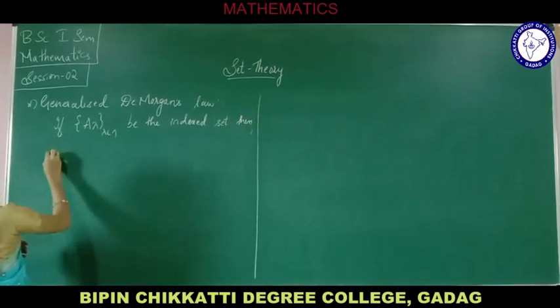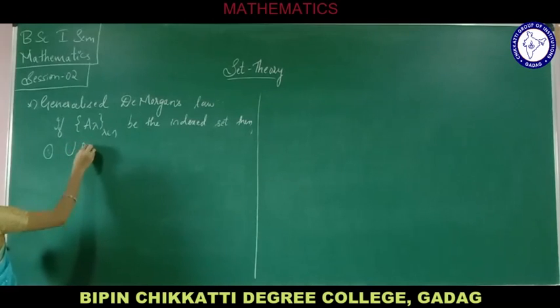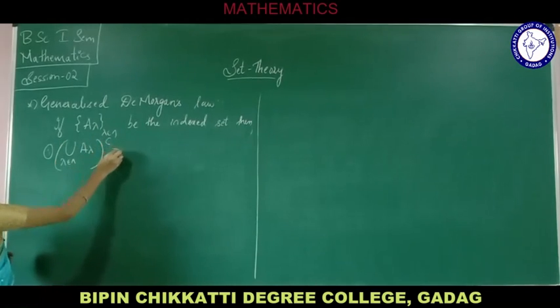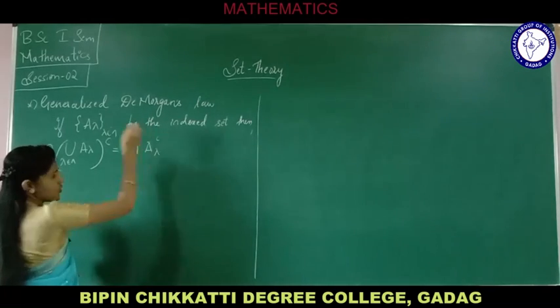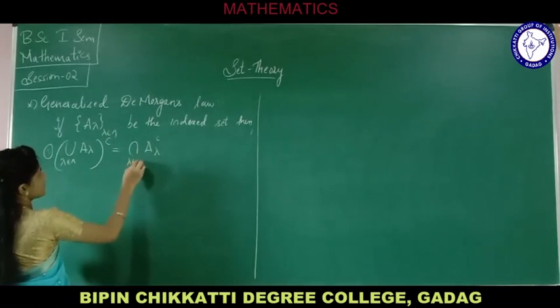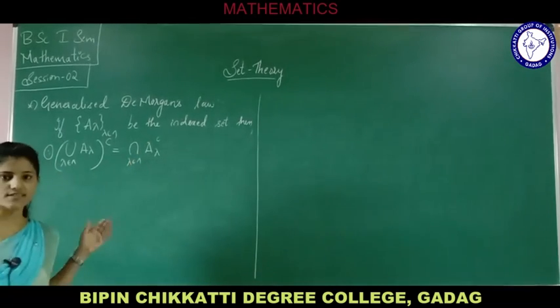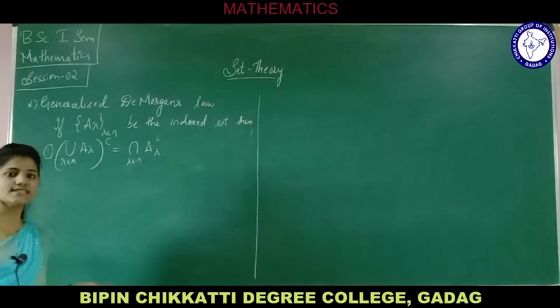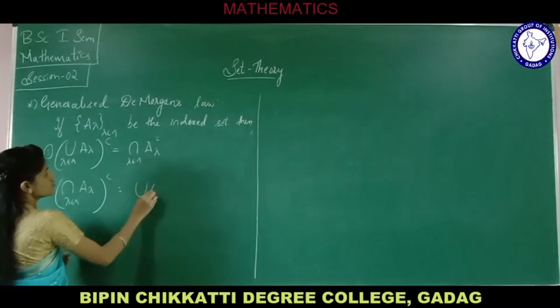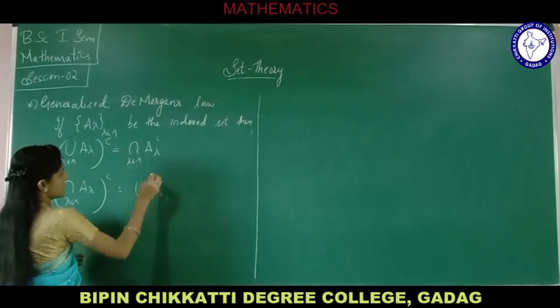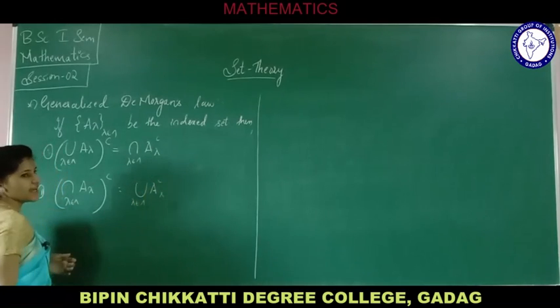The first one is that the complement of union of A lambda, lambda belongs to this indexed family, is equal to intersection of A lambda complement, where lambda belongs to this indexed set. This is one of the laws, and the other is that the complement of intersection of A lambda, where lambda belongs to this indexed set, is equal to union of A lambda complement, where lambda belongs to this indexed set.